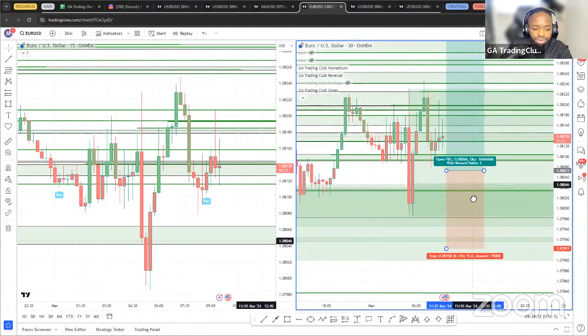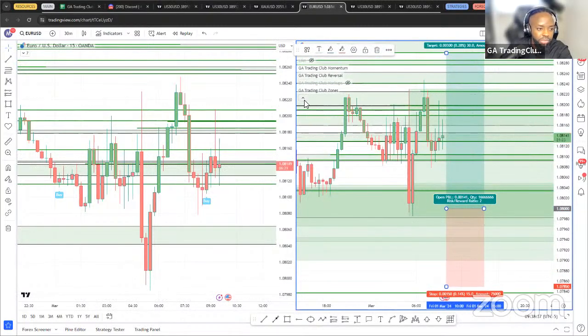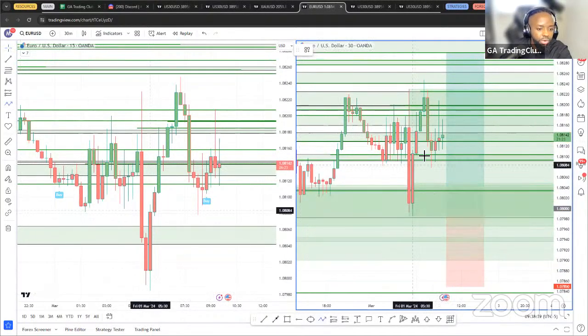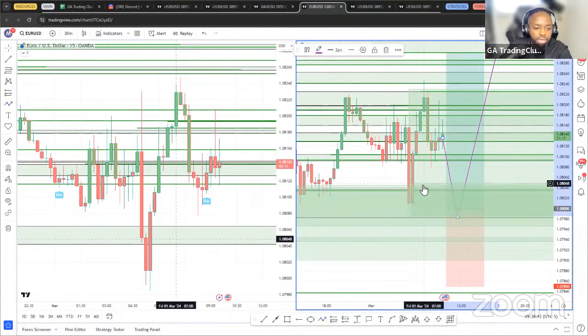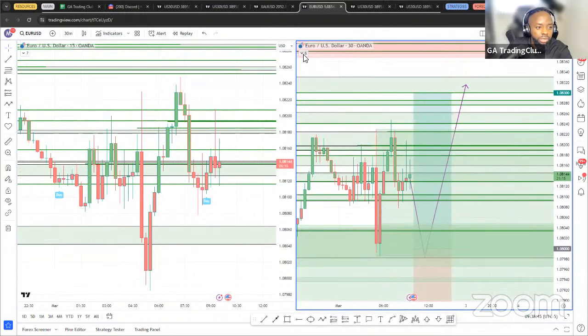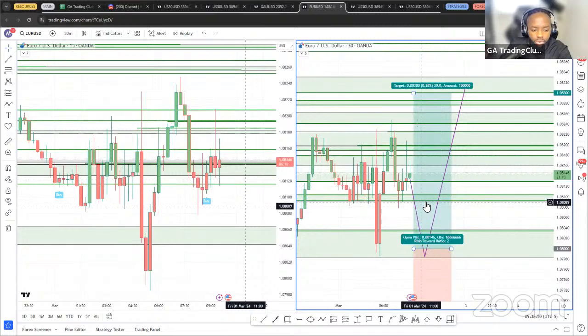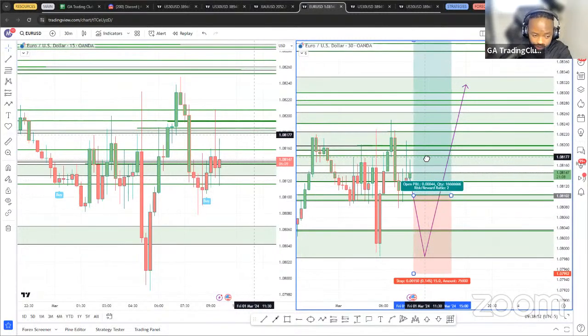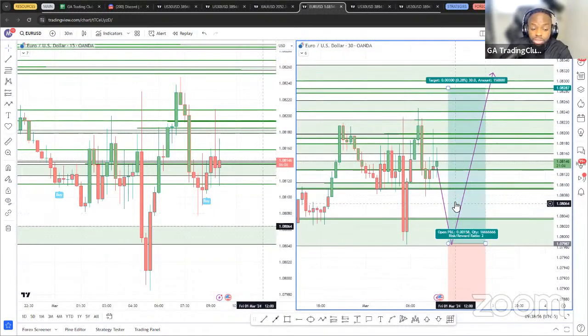So for this particular trade, if I were to take it, I would want to take it if price comes back to this zone. Something of this sort, like this, and then like that. So I turn off the zone. The zones just show you where the buyers are sitting. So I wouldn't take this trade if price comes back to the SAR zone. I will take it where the buyers are seated, which is down there.